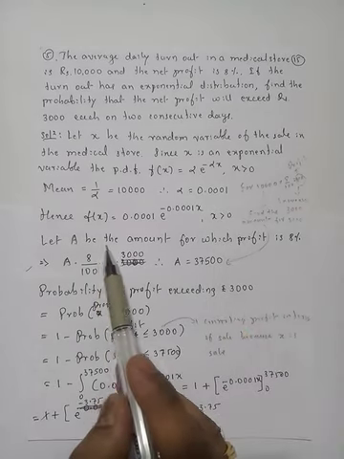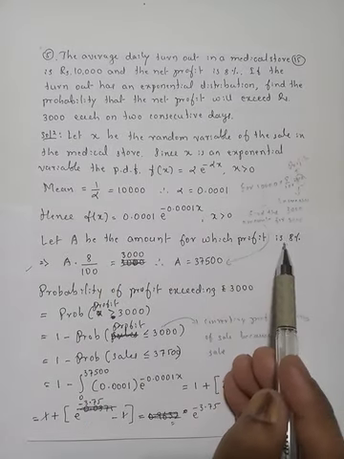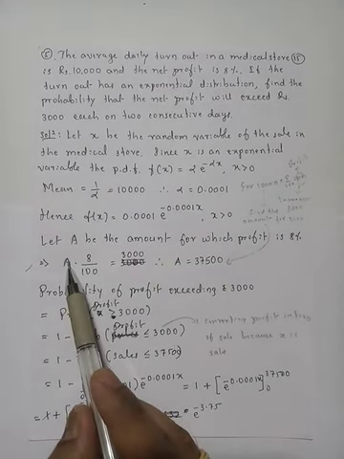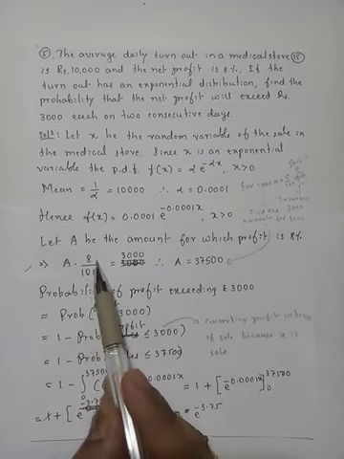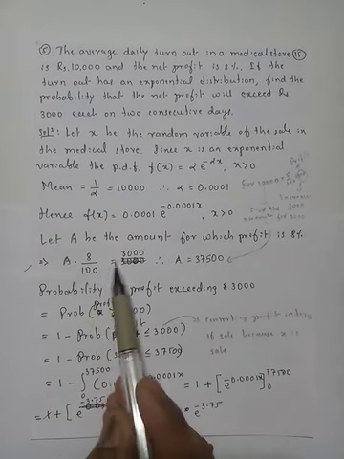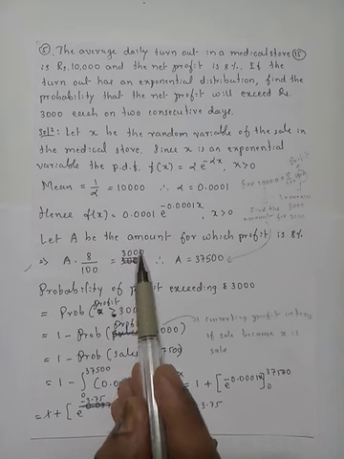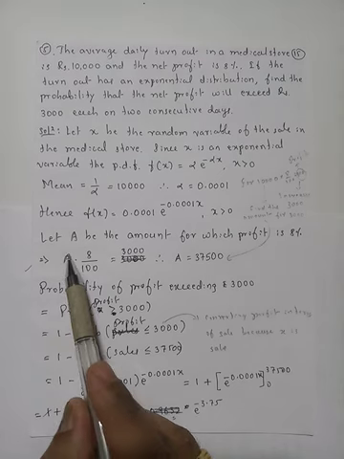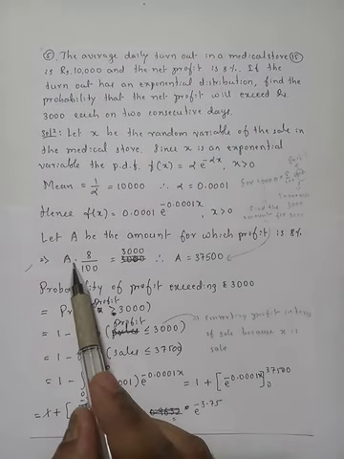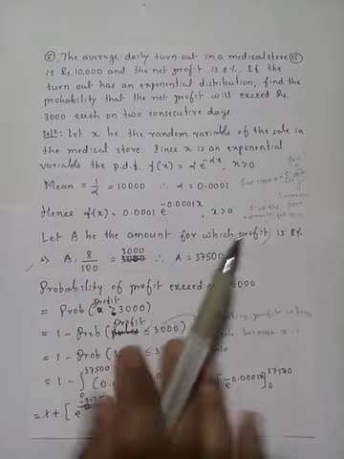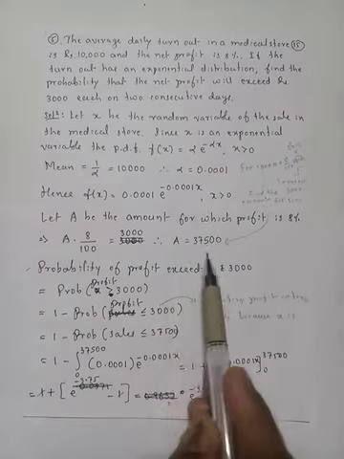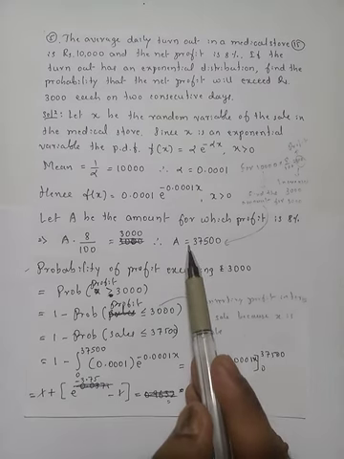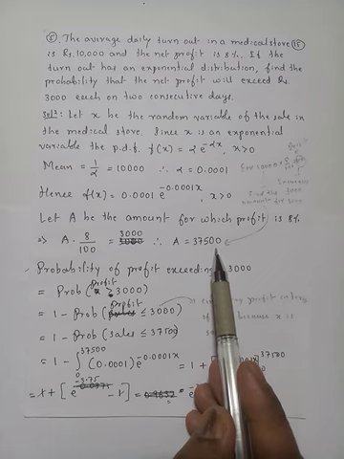Let A be the amount for which the profit is 8%, that is 8 by 100 times A equals 3000, the net profit. Taking this amount we are going to calculate the required probability. Therefore the value of A is 37,500.